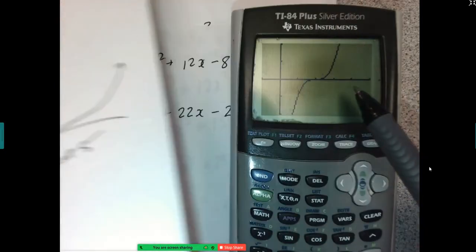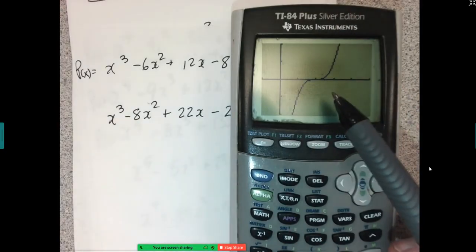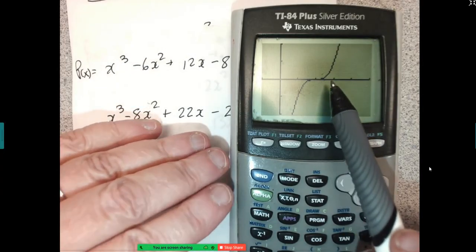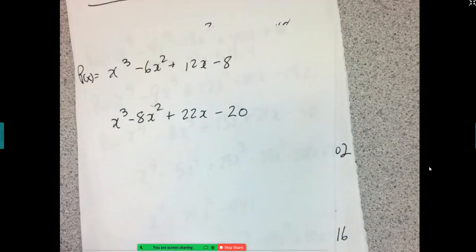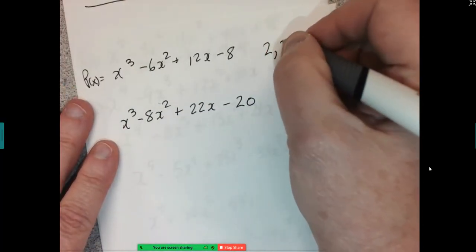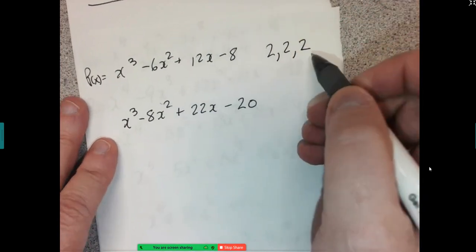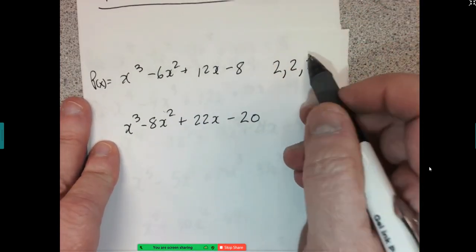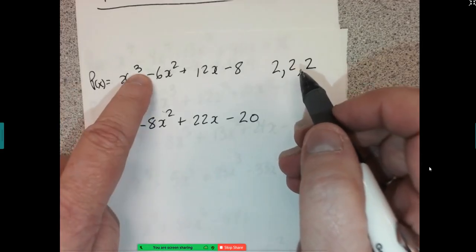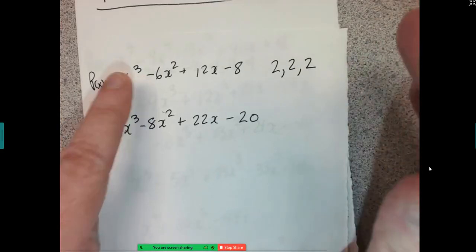I would venture to say it's multiplicity 3. So we have a zero at 2, and it looks like it's repeated 3 times. And so if I write down the zero and the number of times it's repeated, I will get exactly 3, which is the degree.